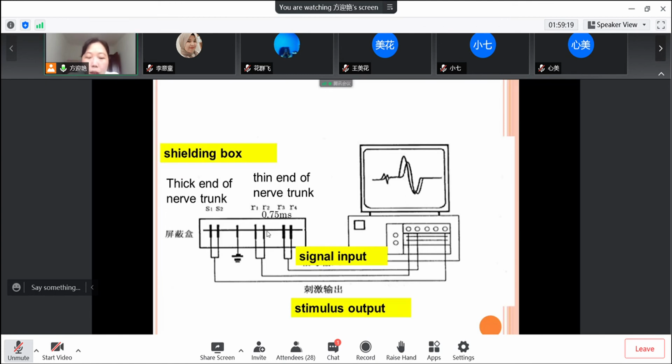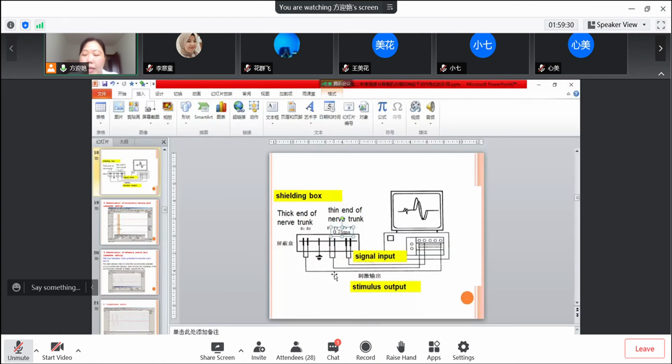Yeah, and then I hope you know that the distance and the time we have known, and then we know the speed. The speed, the velocity, is equal to the distance divided by the time, in seconds.